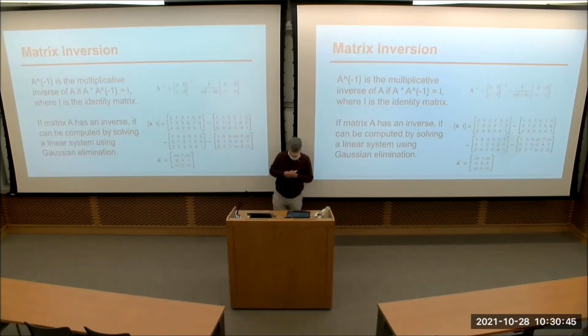Now, how do we find the inverse of a matrix? When you took linear algebra, this was something you had to do. For small matrices, there was a formula, which said that the inverse of a 2x2 matrix was this thing. There were formulas for 3x3 matrices and so on.